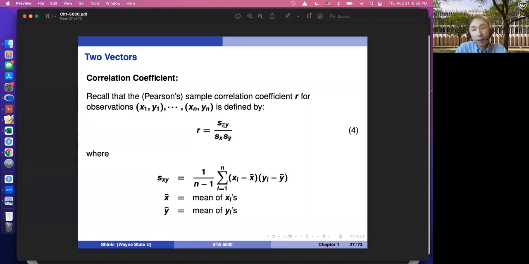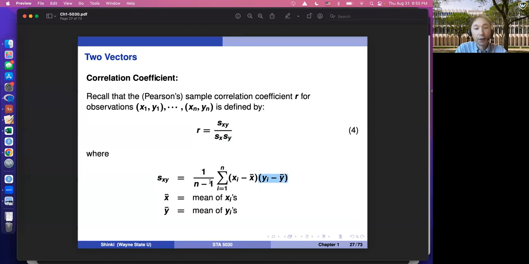And what is s_xy? s_xy is the so-called sample covariance. It is similar to the sample variance. If you replace the second factor by xi minus x bar, then this is exactly the definition of the variance of x. So we just replace one factor by the other vector.